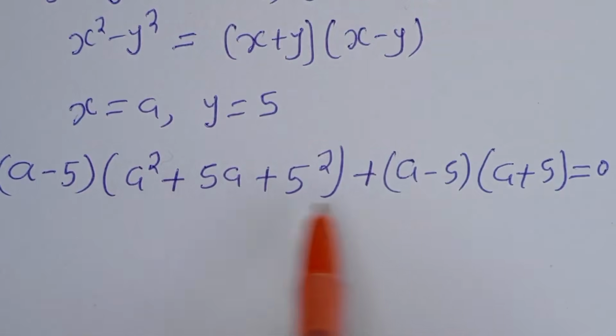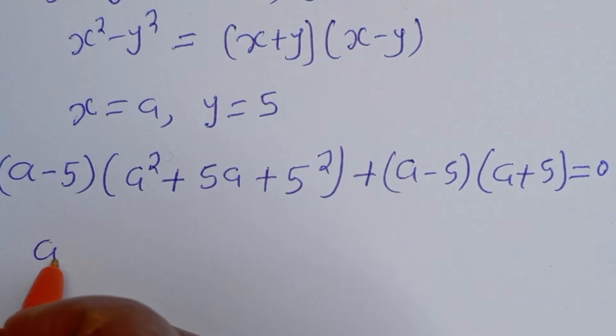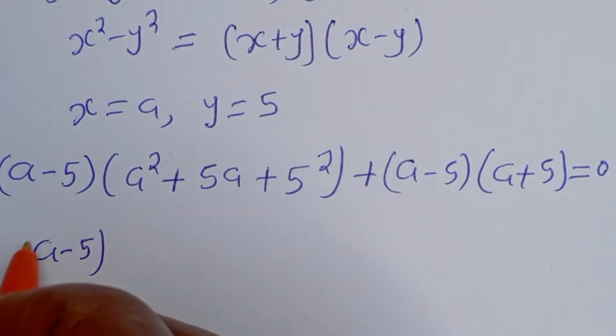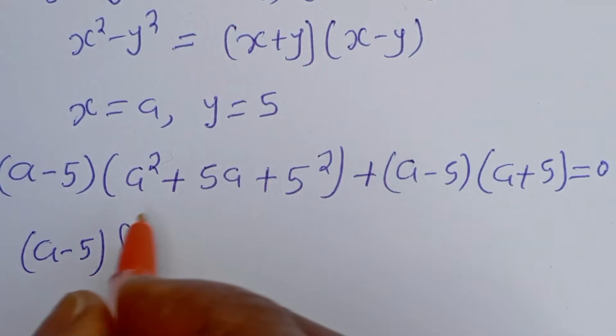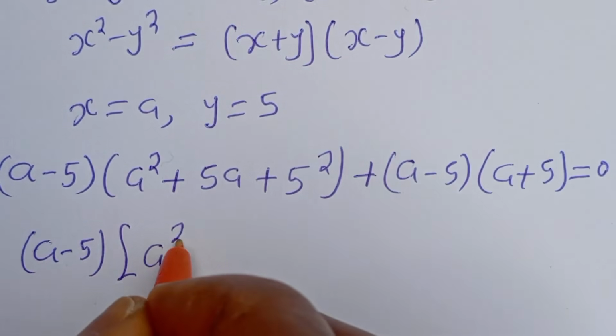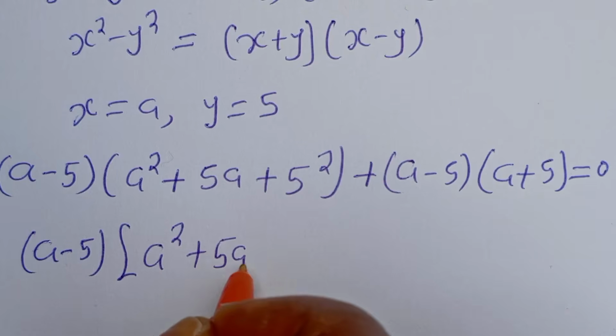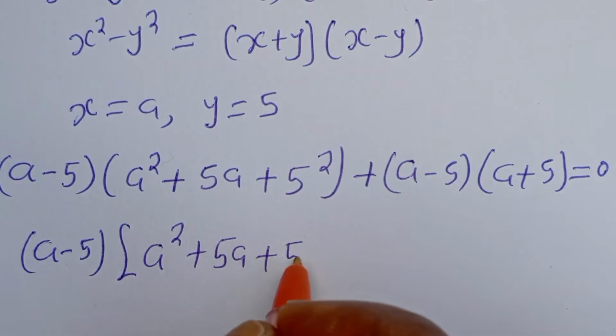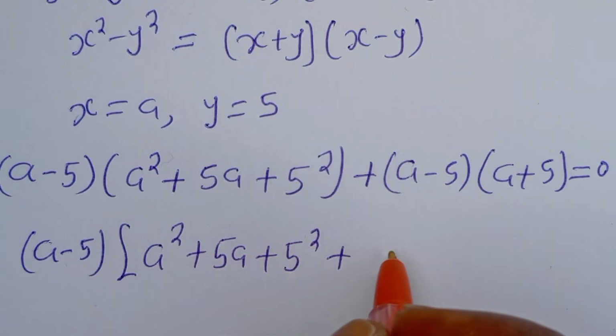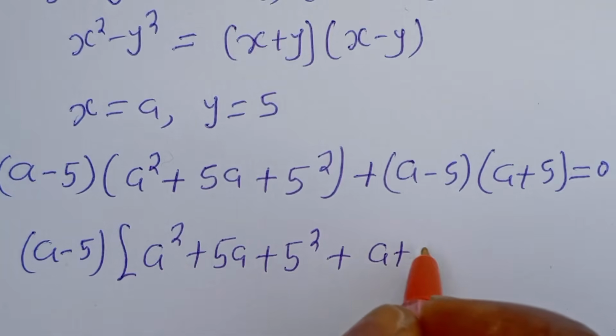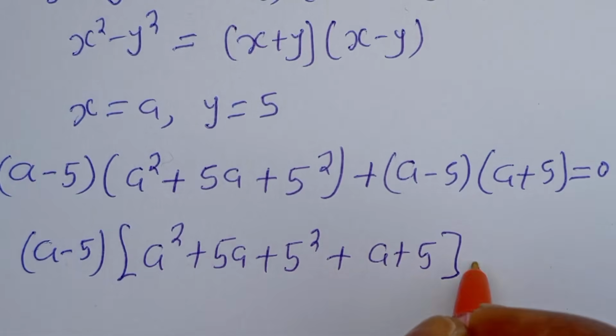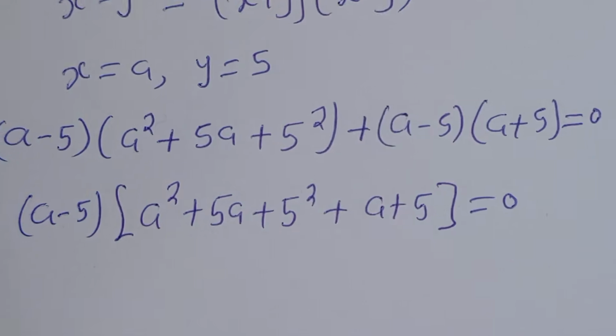Then if you look at this, a minus 5 is common. Let's bring it out. We have a minus 5 bracket, then a square plus 5a plus 5 square plus a plus 5 equal to 0.